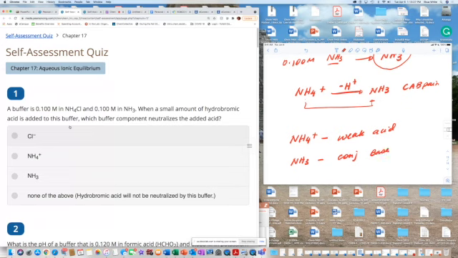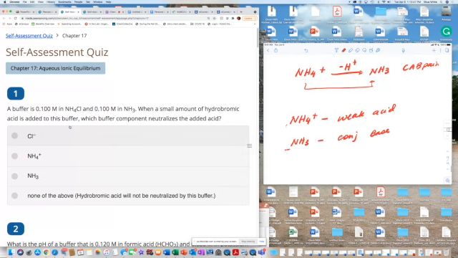The bottom line is, since they wrote the NH4Cl first, I'm going to look at it this way: this is the acid, this is the base.